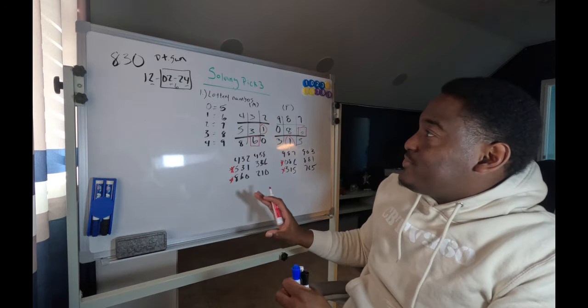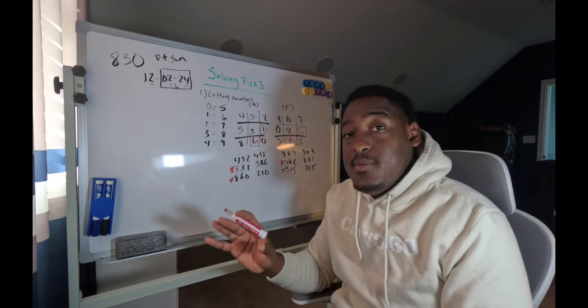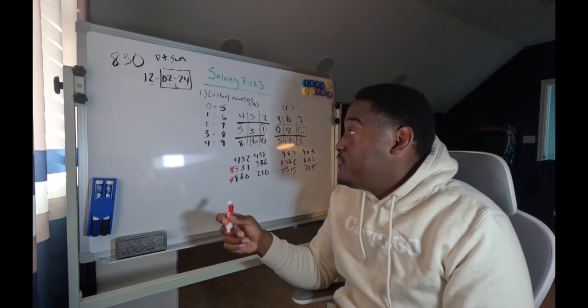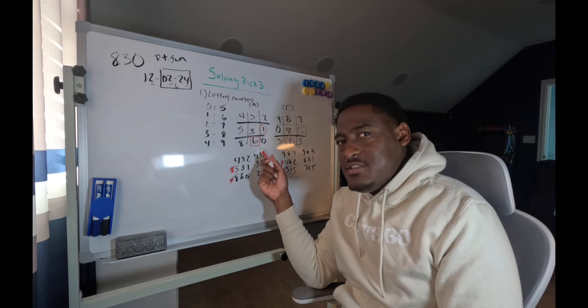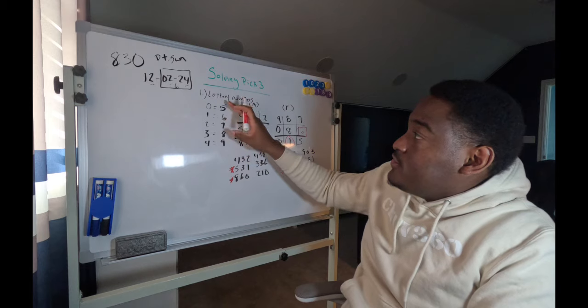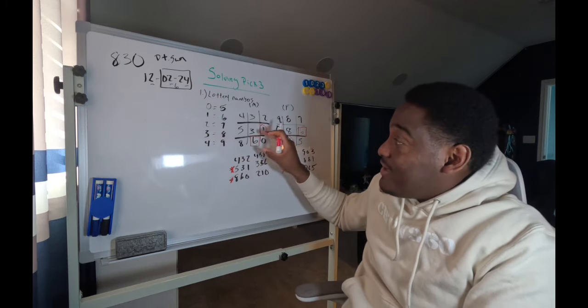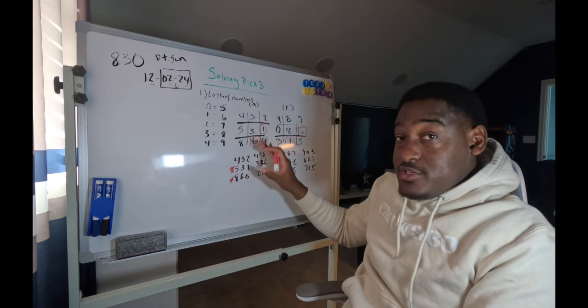So this right here is just a quick overview of how to identify, and this is some of the main steps that you need to know before you try to figure out your numbers. Like I say, date sum, knowing how to identify your lottery numbers, learn how to identify the hot numbers, learn how to read the chart.